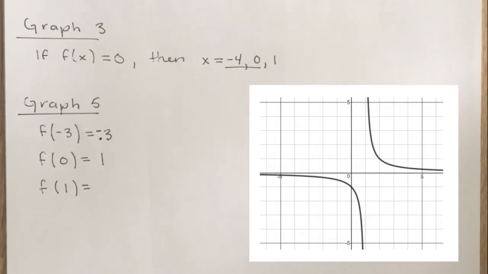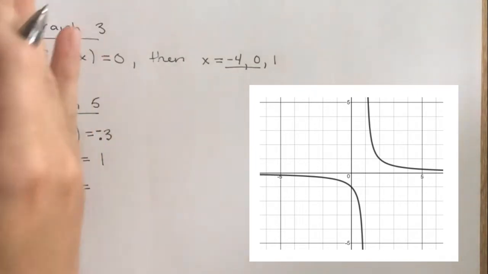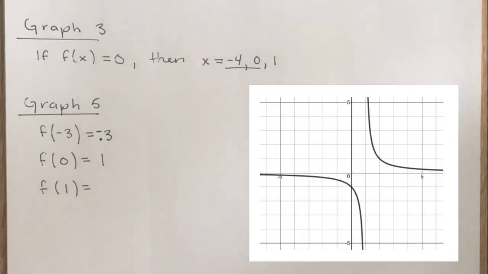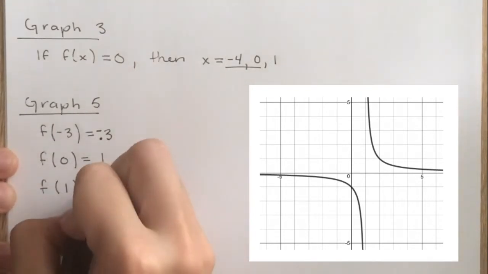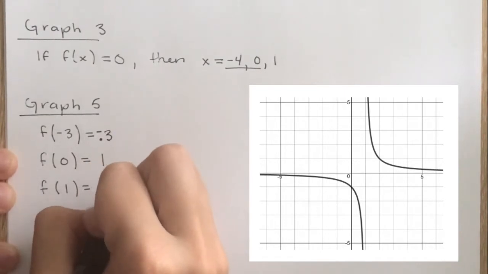We haven't talked about it necessarily, but we do know that there are no points for that x value, right? It's undefined there. As we come in from the left, it's getting really small. And as we come in from the right, it's getting really large. But both of them look like they're not touching x equals 1, right? So there are no points at x equals 1. So f of 1 is undefined.